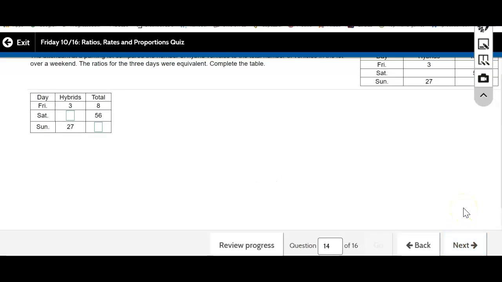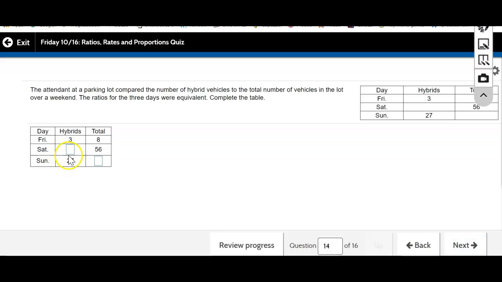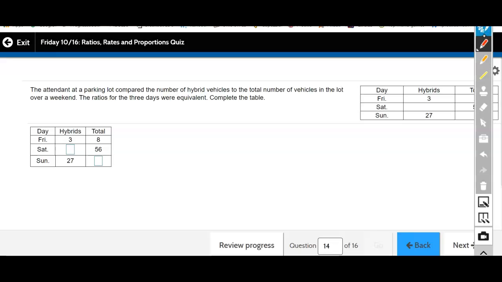Now in these last two questions, we are using proportional relationships like we did yesterday to fill in the table. All right, so they're telling us that the ratio of hybrids to total vehicles is proportional. It says the ratios for the 3 days are equivalent. That means they're proportional. So they want us to figure out how many hybrids there were on Saturday and total cars there were on Sunday.